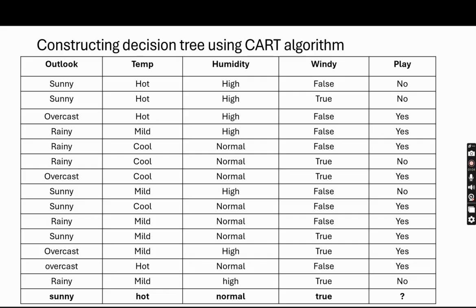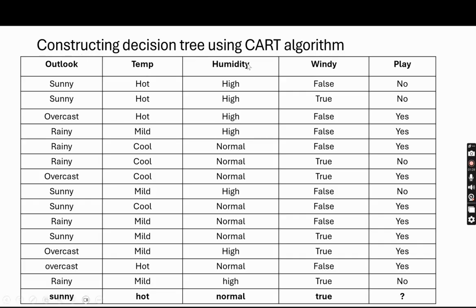In this video, we are going to construct a decision tree using the CART algorithm to classify whether the given data belongs to a particular class. These are the parameters present in your database: outlook, temperature, humidity, windy. These are the attributes, and we can give any name to these.